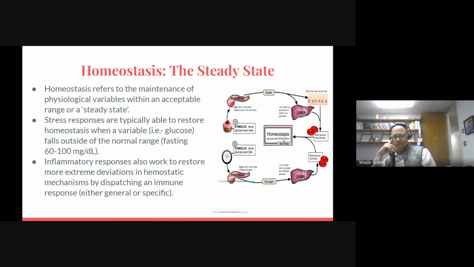So ultimately, the rising glucose stimulates the release of insulin from beta cells in the pancreas. That insulin acts as a lock and key, pulls the glucose into the cell, and utilizes it for energy, and then blood glucose drops, because the glucose has left the bloodstream and is now inside of the tissue cell.